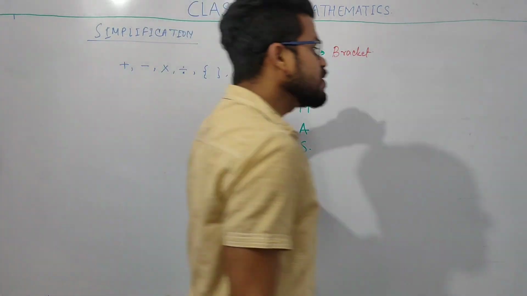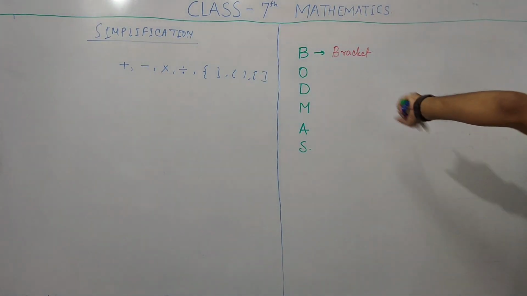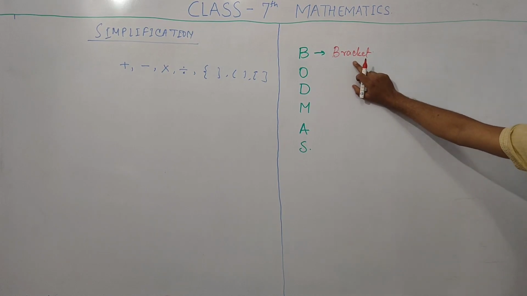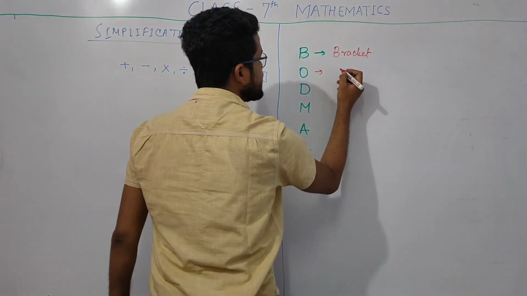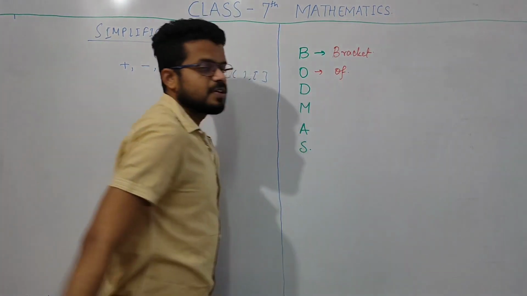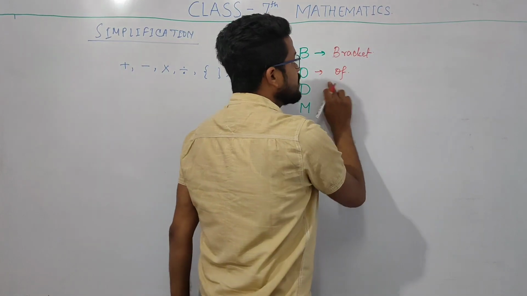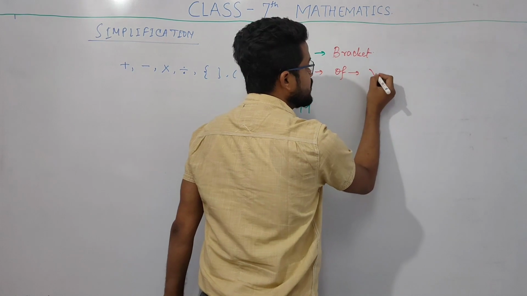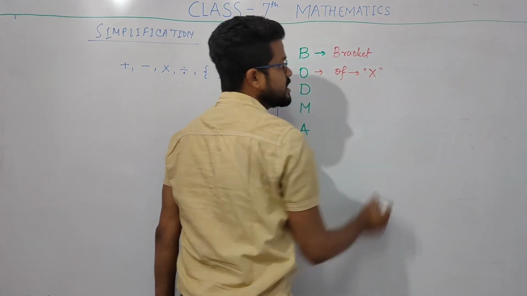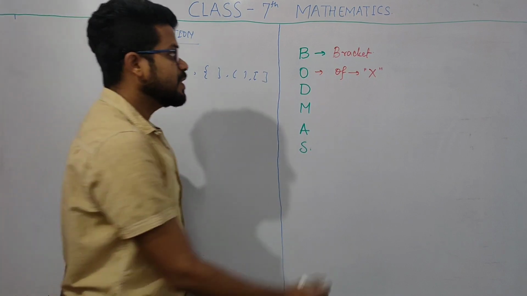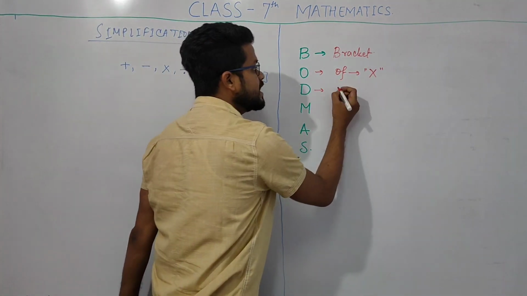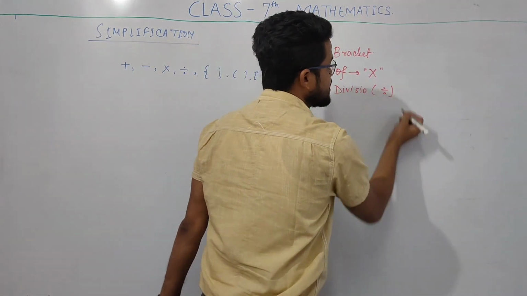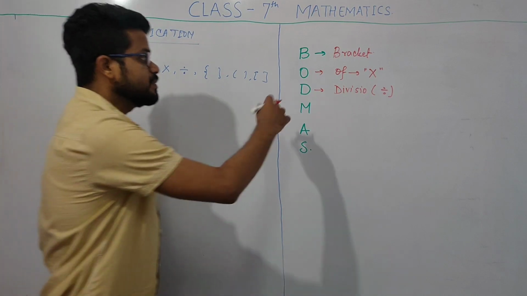When we solve a simplification problem, firstly we solve the bracket. Then comes 'of'. Whenever we get 'of' written in the question, we simply change it into multiplication. Then D is for division, and we all know that division means divide.